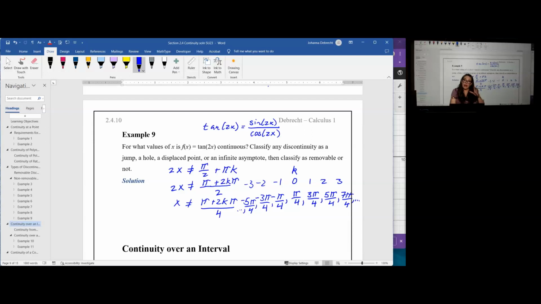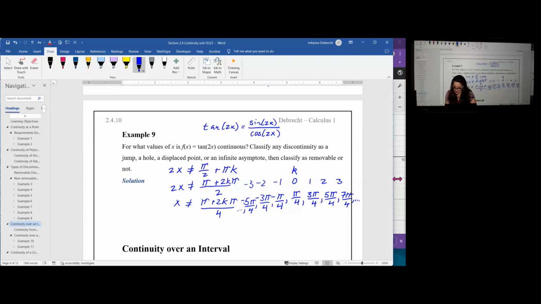When I take the pi over 4 and substitute it into the argument, I have a 2 times that, which is going to result in a pi over 2 multiple. Now, the sine of a pi over 2 multiple is either 1 or -1. The cosine of a pi over 2 multiple is 0. So there will be no cancellation, so I'll never get a hole. These are all vertical asymptotes in the graph.